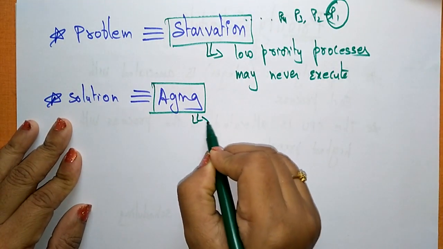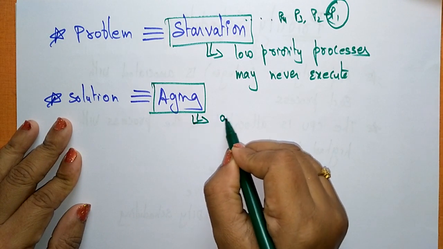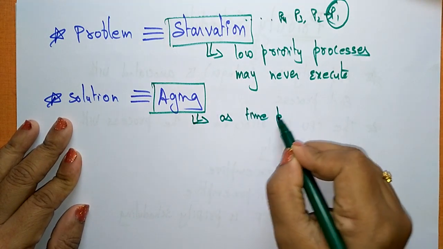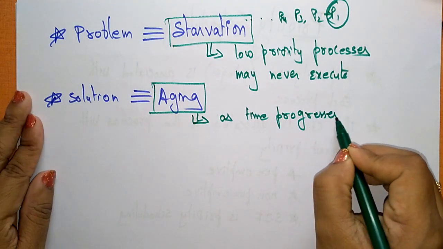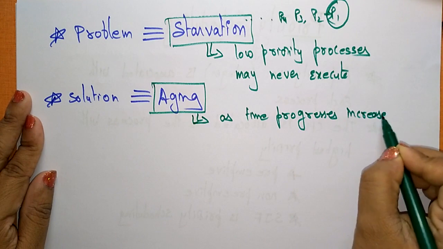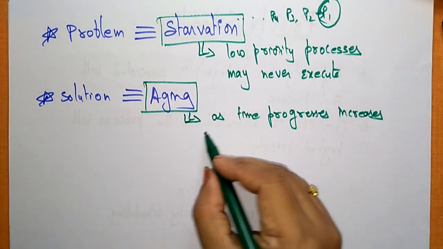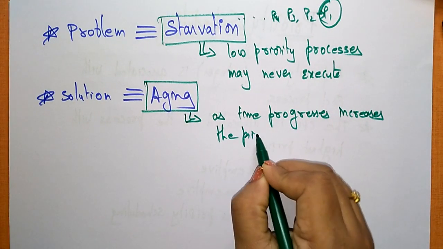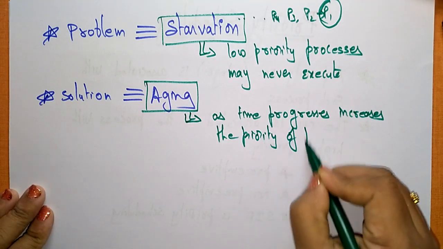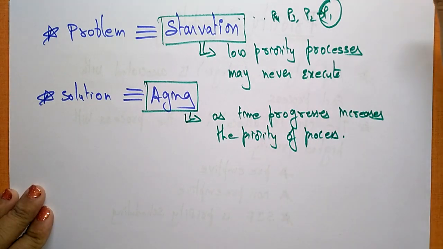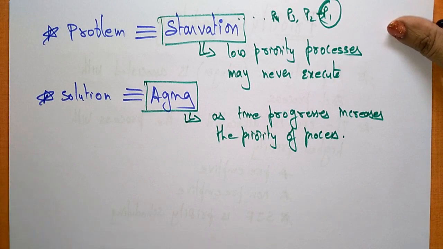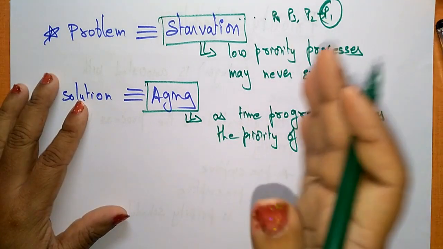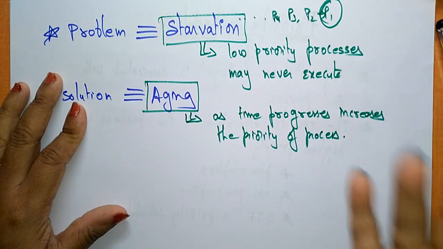Aging means that as time progresses, the priority of the process increases. So you are assigning some time to each process according to the priorities, and there is a chance to execute the low priority process also.